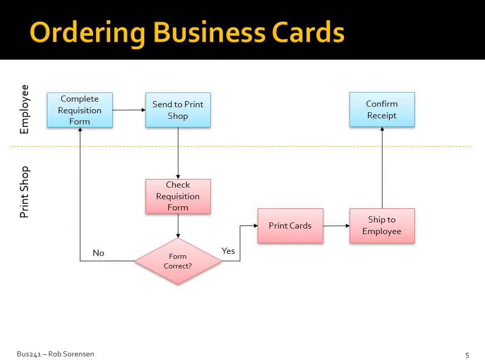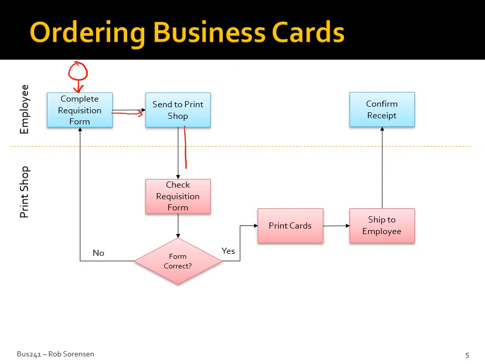The very first step, and you'll notice I didn't put a start circle in. I could have put it there. To save a little space and make this nice and big, I left it out, but we could put begin there. First, I fill in a requisition form. All right. Then I send it to the print shop. See, the only option I have is to go this direction, right? I send it to the print shop.